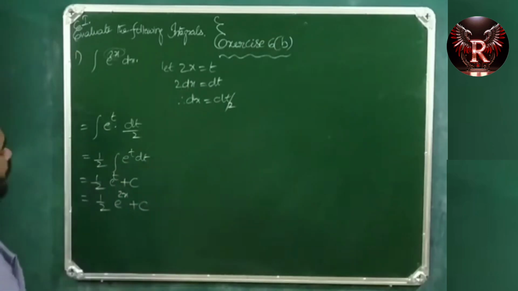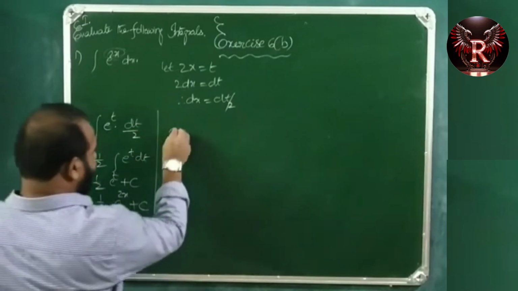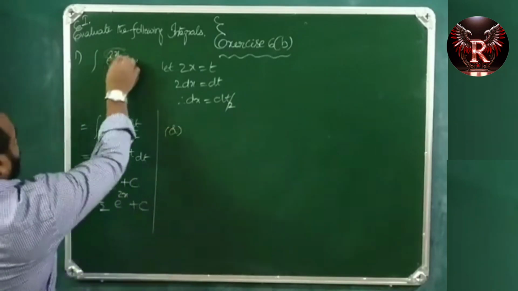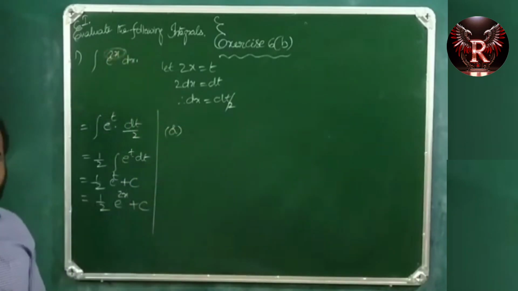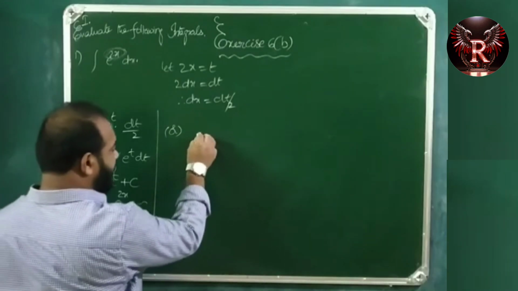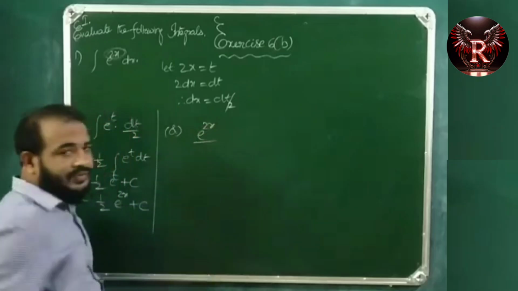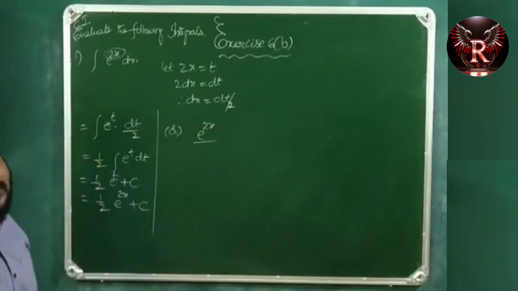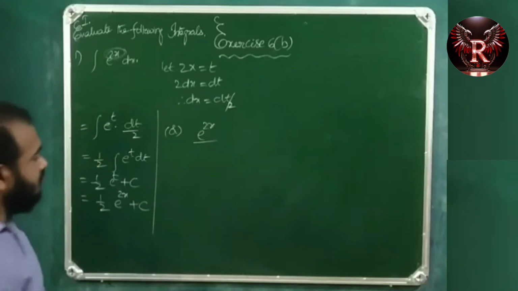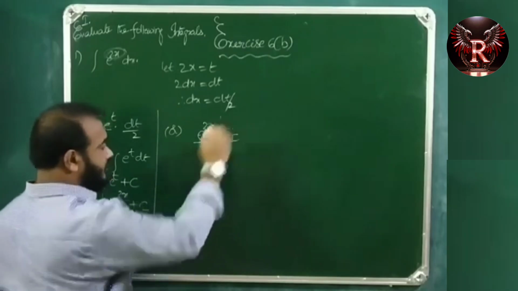So no need to do all these things. Simply, this 2x you assume it as x. What is integral e power x? E power x itself. So x here is 2x, divided by what is d by dx of 2x? 2. That is, into 2 plus c.